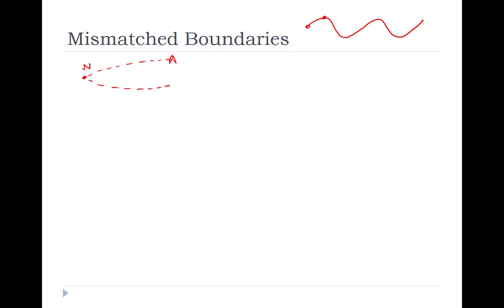A full wavelength would be here, so I've gone a quarter of the way across. So the length is 1/4 of a wavelength, or in other words, the wavelength is 4 times the length. That's a 4, not a 9. And now I'm going to pull F equals V over lambda again, which is going to be V over 4L.